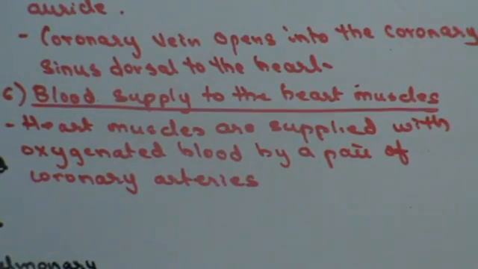Fine. These arteries arise from the left and the right aortic sinuses, which are the dilations of the walls of the aorta ventral to the heart. You have the coronary sinus there. In the ventral view, I had shown you the coronary artery.